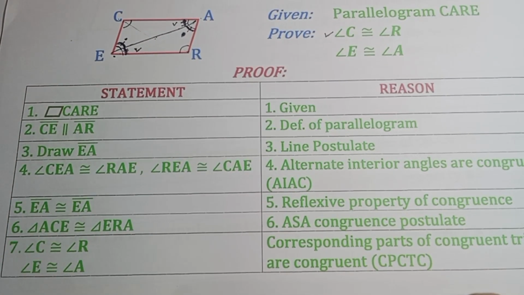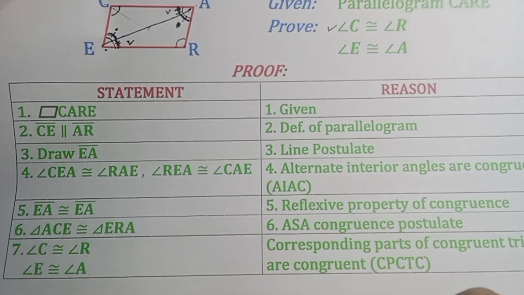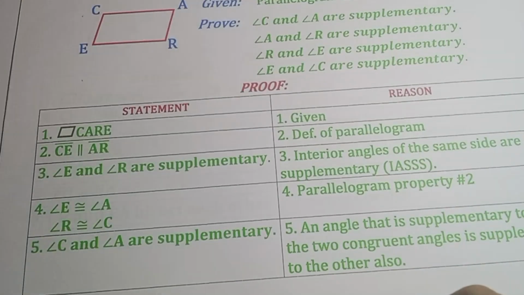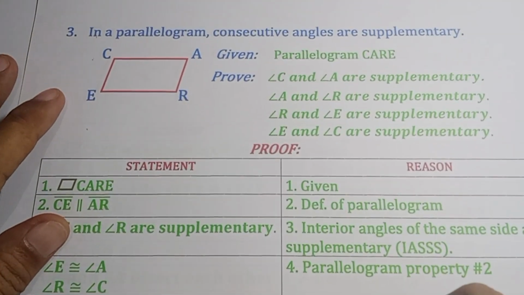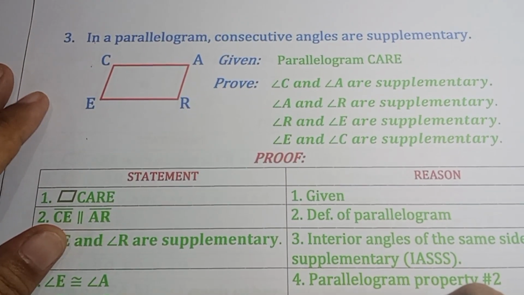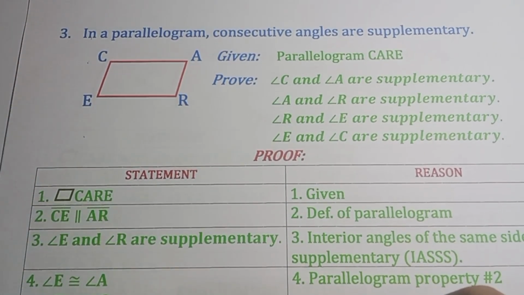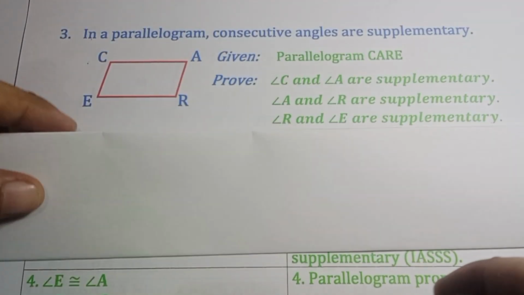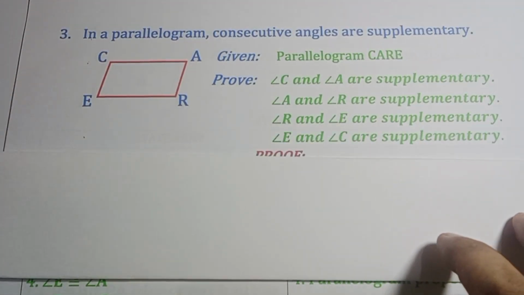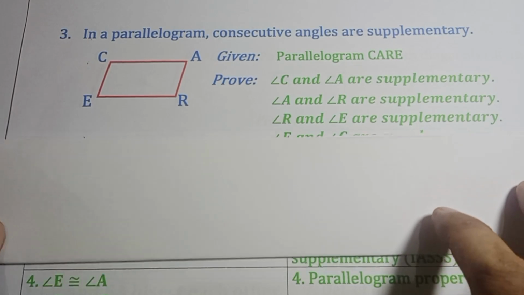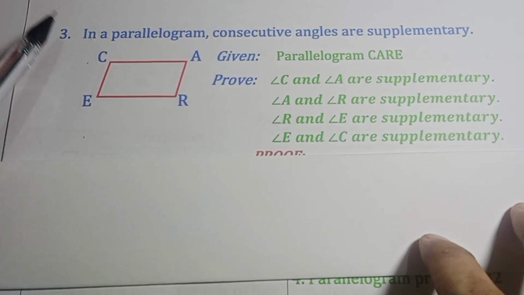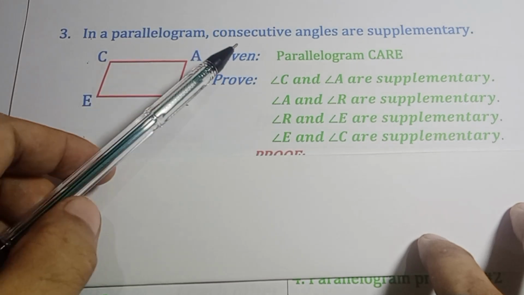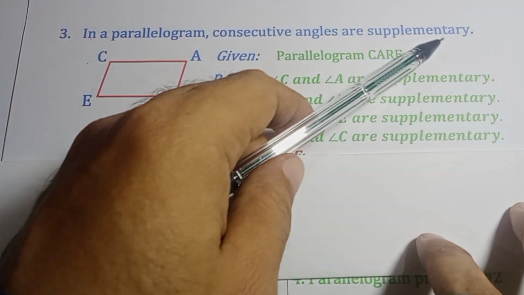Now let's proceed to the proof of the third property of parallelogram. The third property says that in a parallelogram, consecutive angles are supplementary.